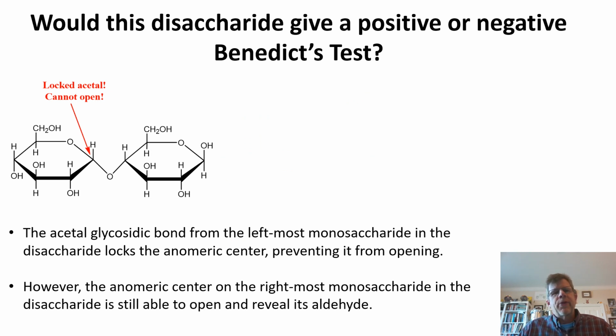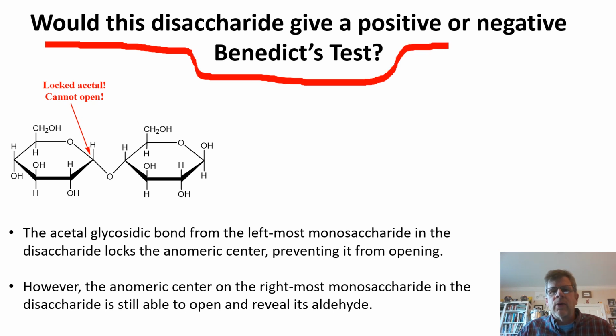So let's play a little thought experiment with our representative disaccharide here. We're not really naming this disaccharide or looking at it too closely, just one representative one. Let's ask the question, what would happen if we submitted this disaccharide to a Benedict's test? Would it give a positive or negative Benedict's test?